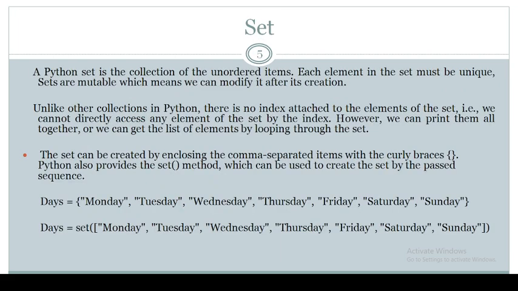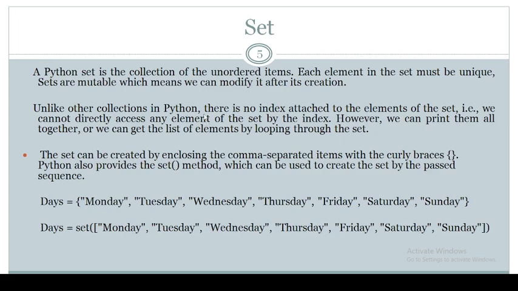The third type of index container is the set. Like we have already heard of sets in mathematics, it is almost like that. A Python set is a collection of unordered items. Each element in the set must be unique. Sets are mutable, which means we can modify them after creation.